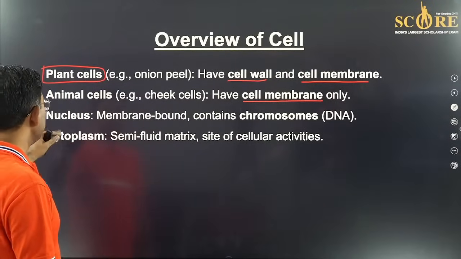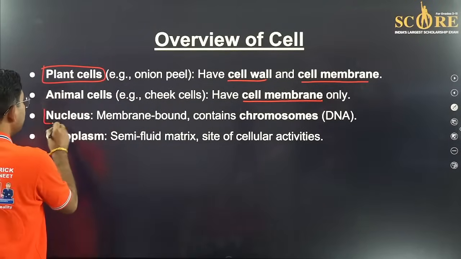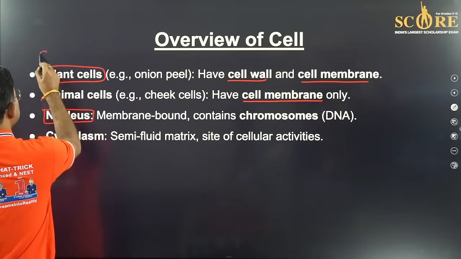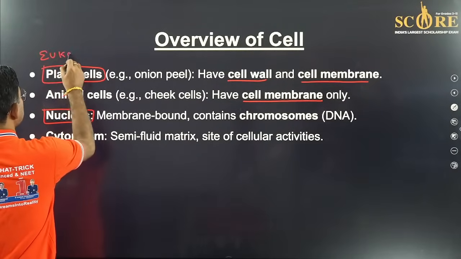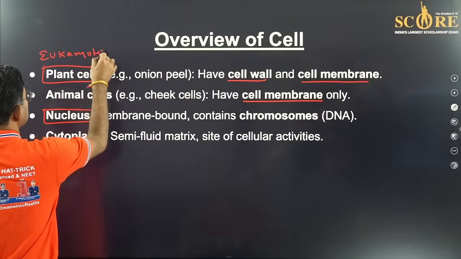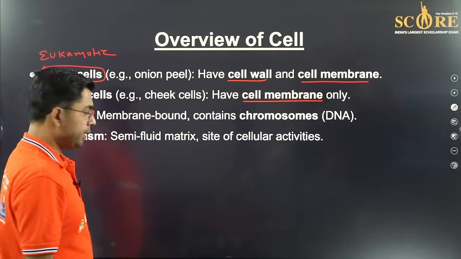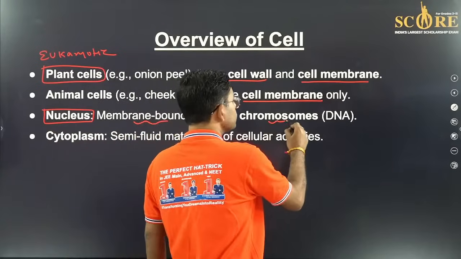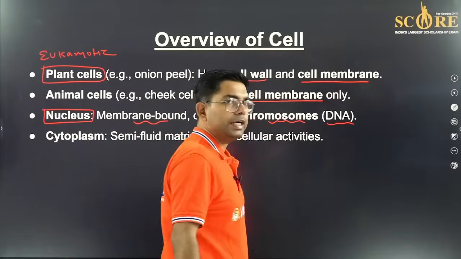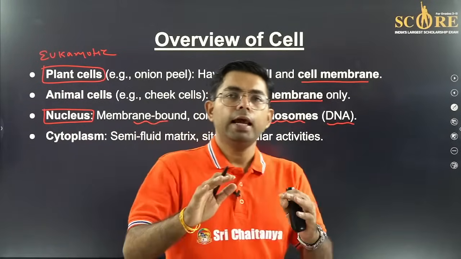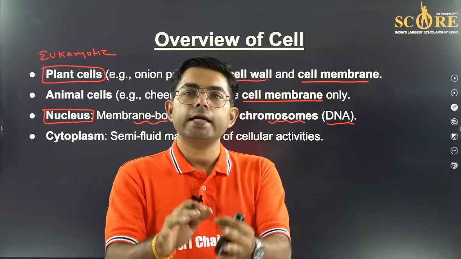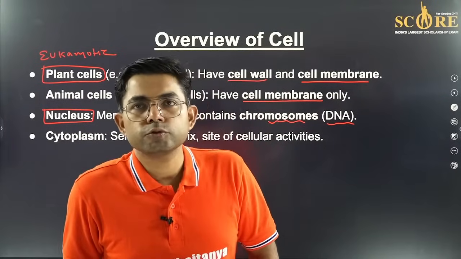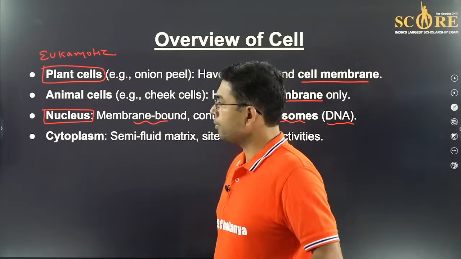Inside the cell, nucleus, if it is a eukaryotic cell, then the nucleus is present, which is membrane bound, and it consists of chromosome, which is made up of DNA. So cell has nucleus, and inside the nucleus is chromosome, which is made up of DNA.